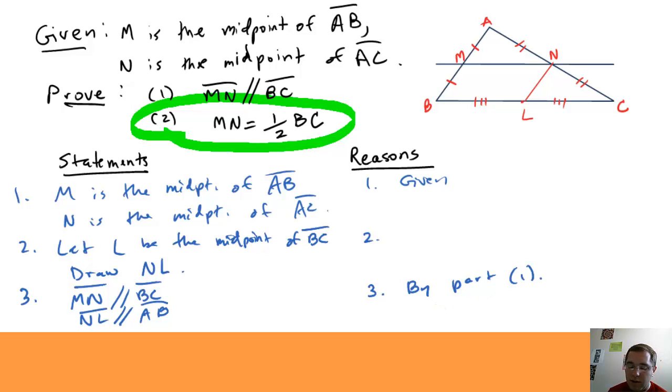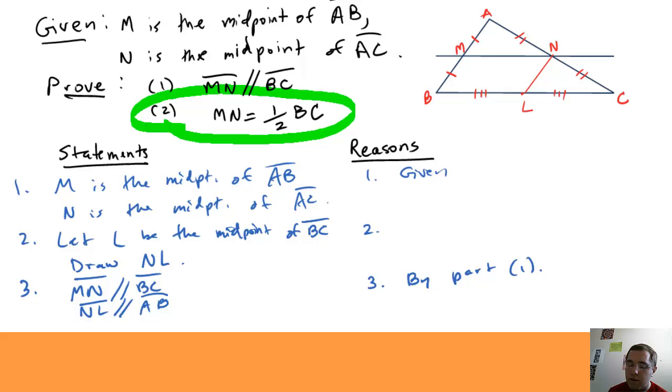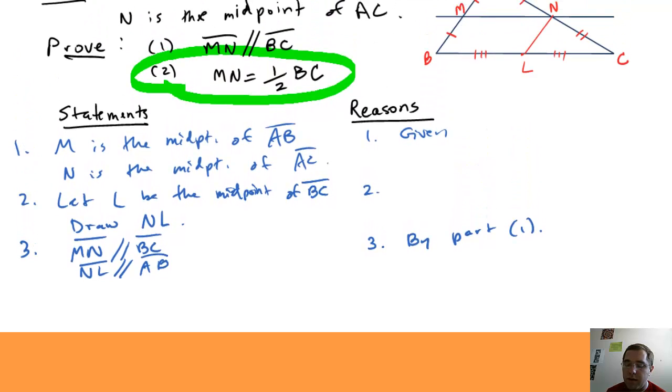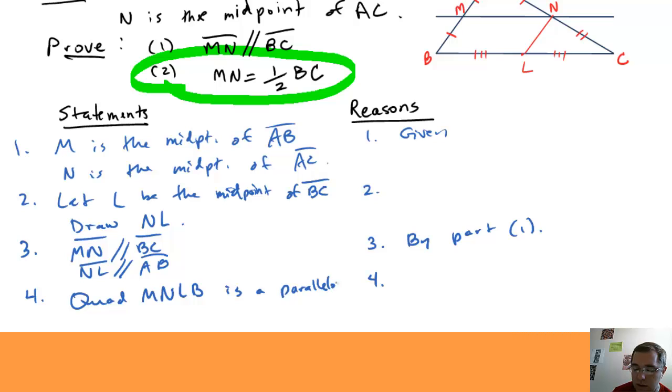I'll state it with MN is parallel to BC because they're by the same reason. Okay? Now, that means that this quadrilateral MNLB is a parallelogram.